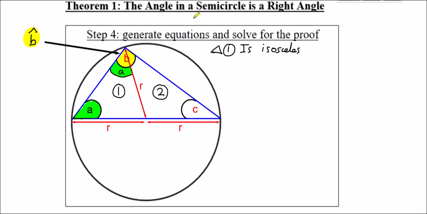So triangle 1 is isosceles, but if I have a look at triangle 2, this is a triangle with two sides which are a radius, so that's also going to be isosceles. So triangle 1 is isosceles, and triangle 2 is isosceles.